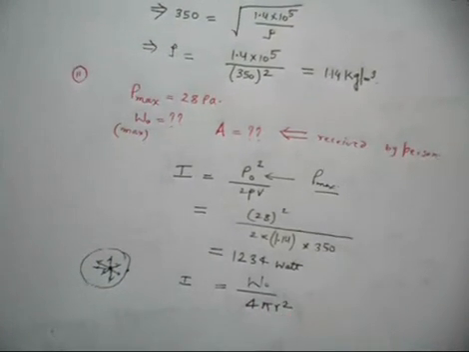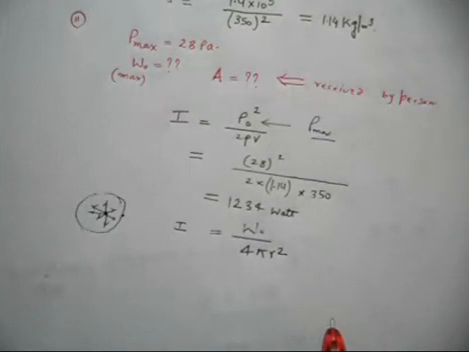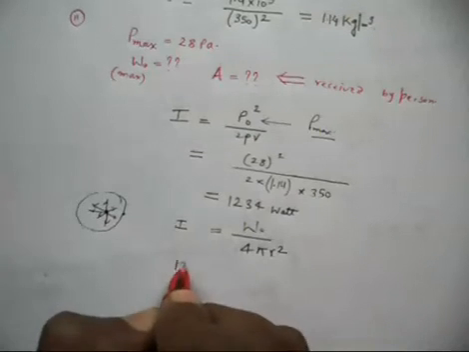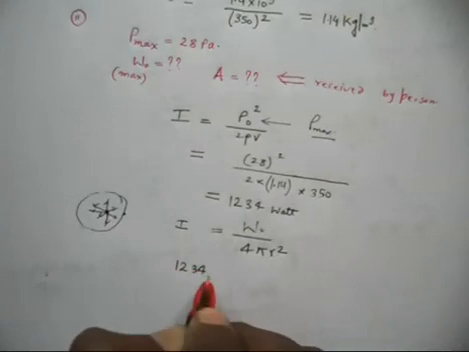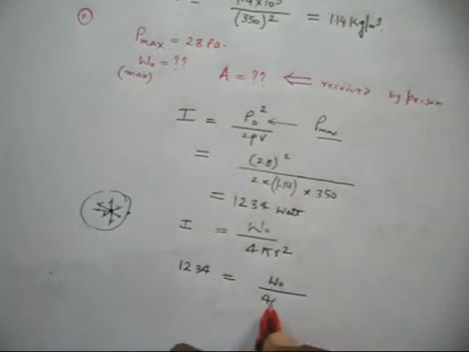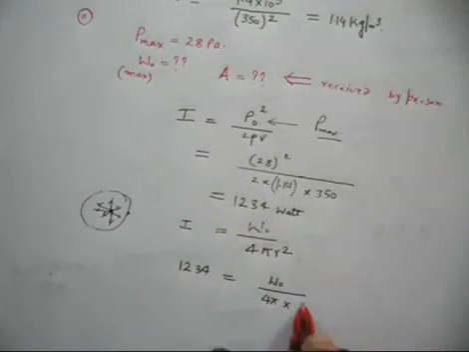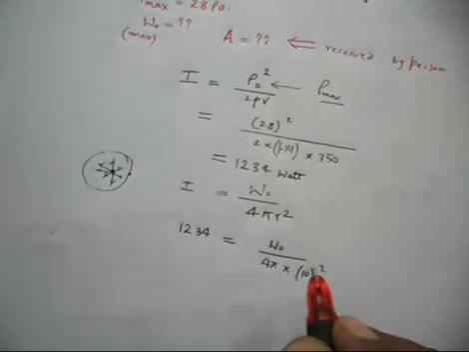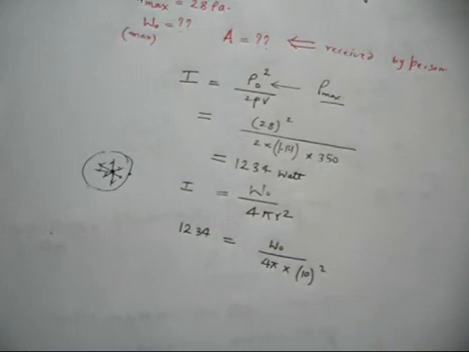Now we know the intensity, we know 4 pi and r, so we can calculate W naught. So the intensity we calculated, 1 2 3 4, equals W naught divided by 4 pi, and r is 10 meter distance, so 10 square. Now if we calculate from here, I can find the value of W naught.